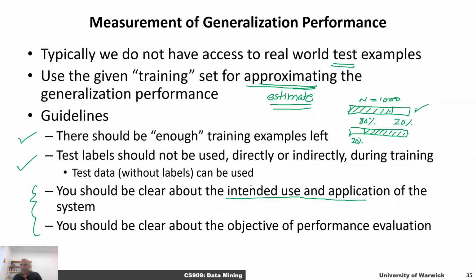If your objective is to analyze features, then you should try to analyze the impact of different types of features on the generalization performance. So it's important to be clear about what exactly you want out of your analysis.